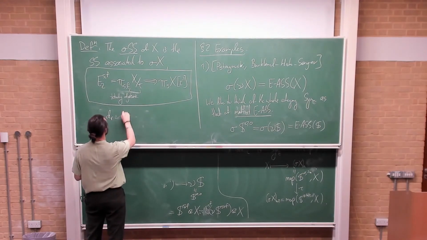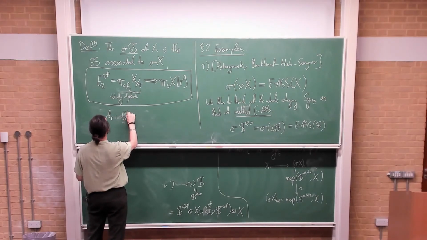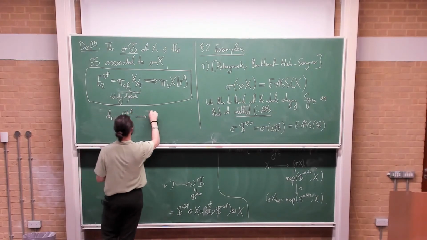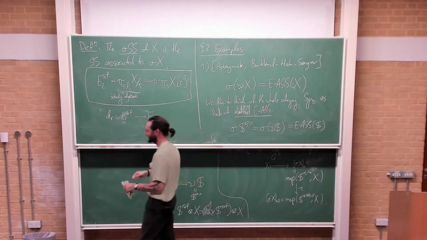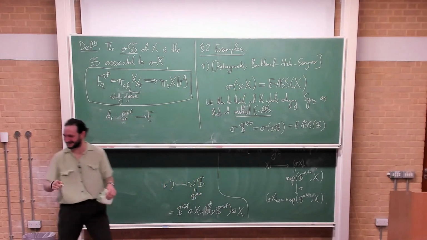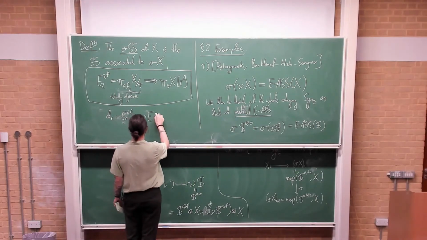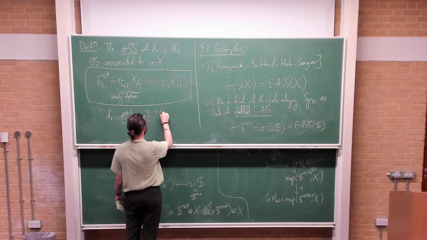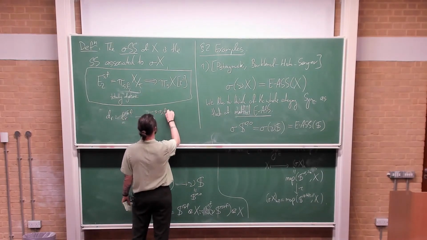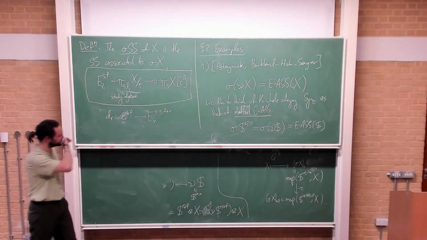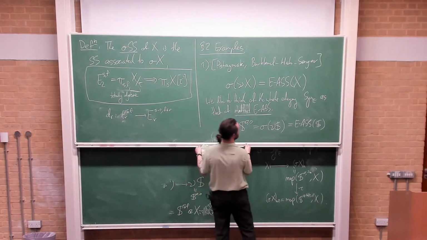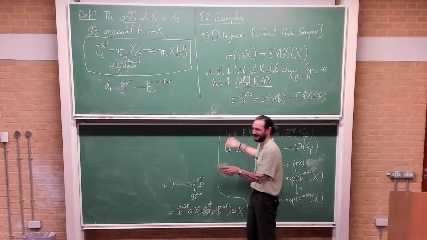Let me just write it down. So they, of course, decrease stem by 1 and then the filtration by r. So it's sort of with the Adams convention.